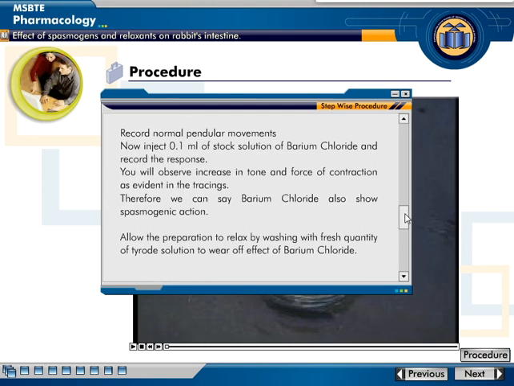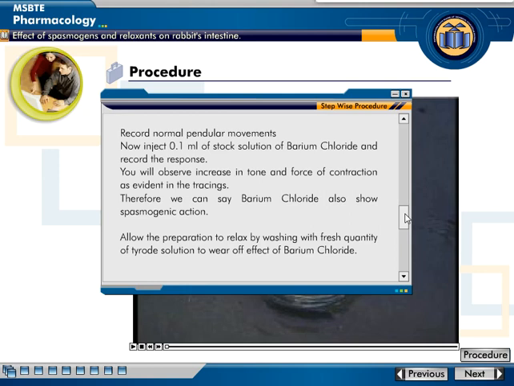After that, inject 0.1 ml of stock solution of barium chloride and observe the response. You will observe an increase in tone and force of contraction as evident in the tracings. Therefore, we can say that barium chloride also shows spasmogenic action.